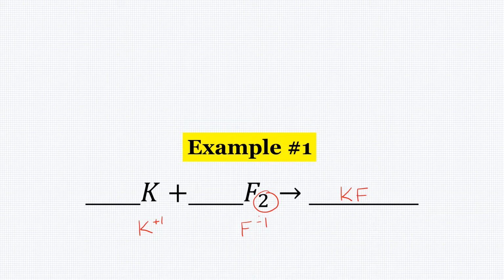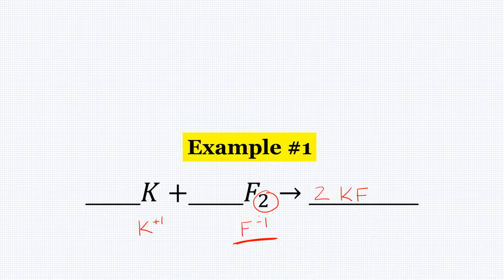Well, again, we want our charges to balance out. Just one fluorine gives me a charge of negative 1. So in this case, to balance this out, because we are going to have 2 fluorines here, we need a 2 here in front of our potassium fluoride.